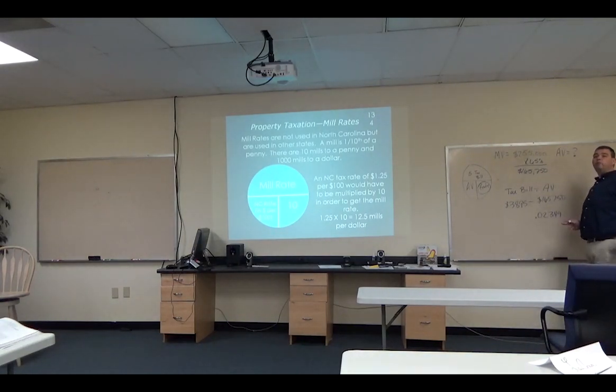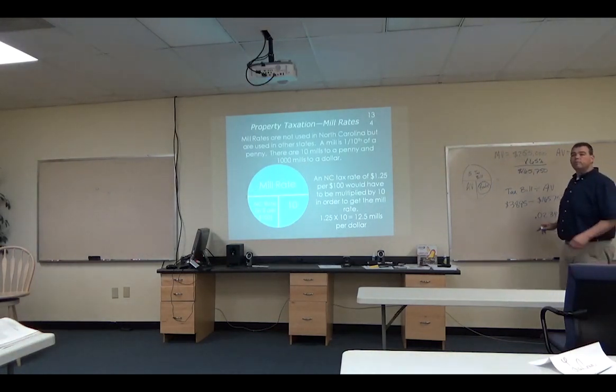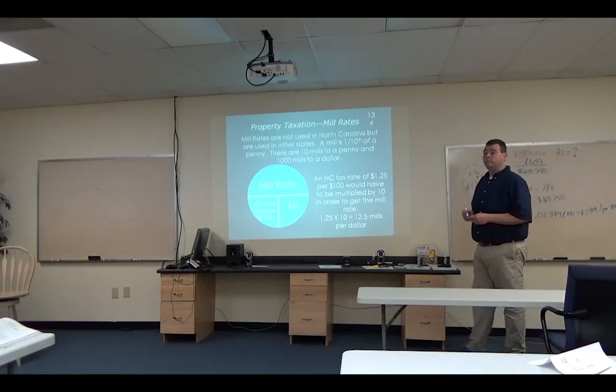Now remember, anytime you're calculating the rate, what do you do immediately as soon as you get the number out of your calculator? Multiply it by 100, which is going to give you 2.349%, right? Or $2.349 per 100, however you want to state it. Good?